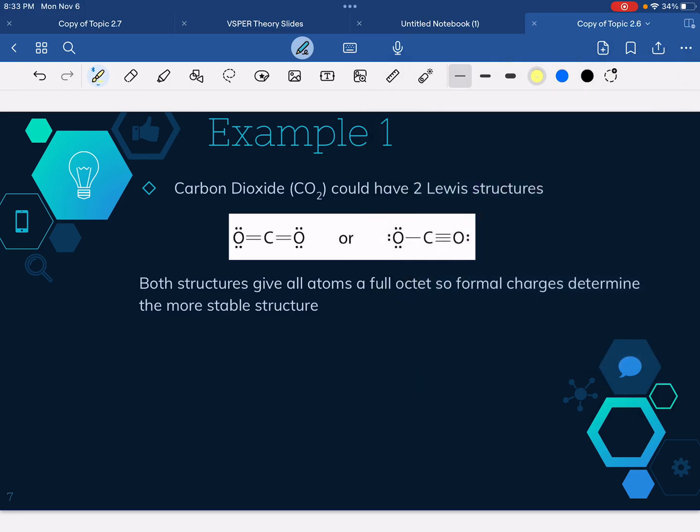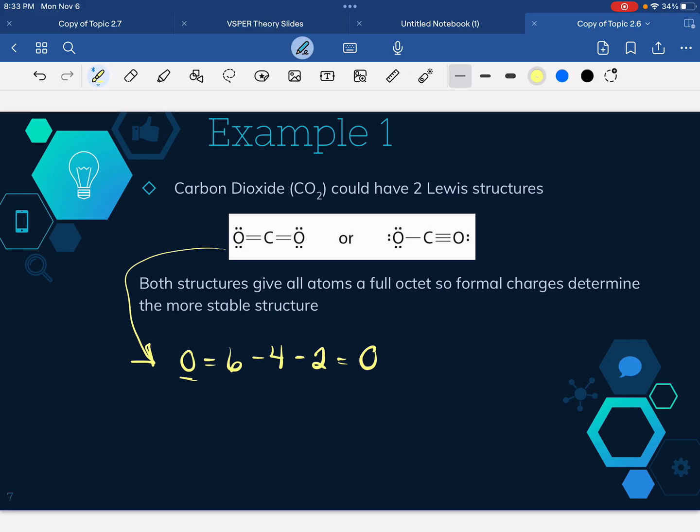So if we're going to look here for this guy, we're going to have our oxygens. Oxygens have 6 valence electrons, minus 2, 4 lone pair, minus 2, 4 bonding, and half of that is 2. So that is 0. So this is our oxygens.